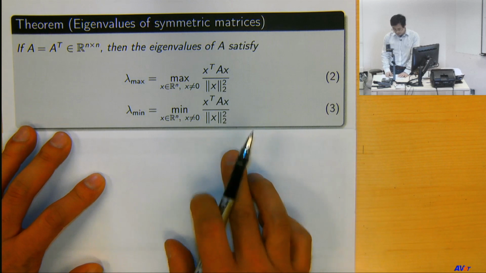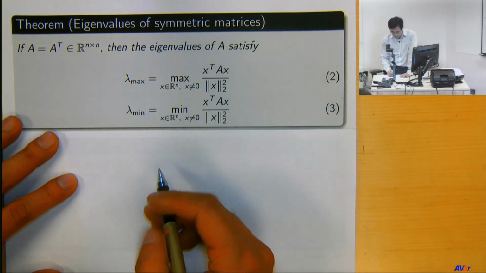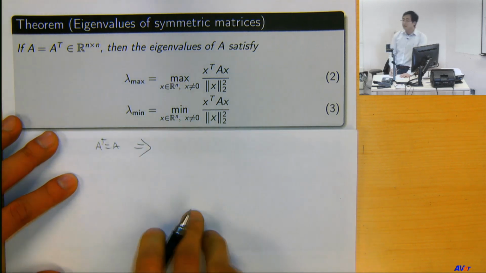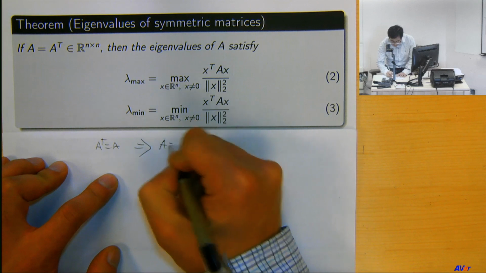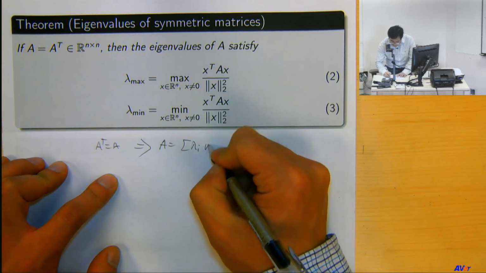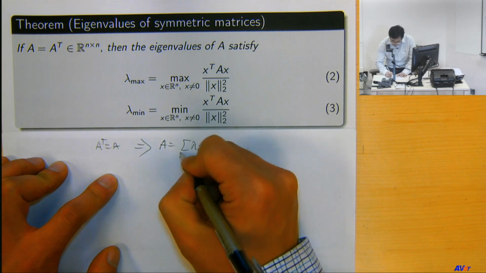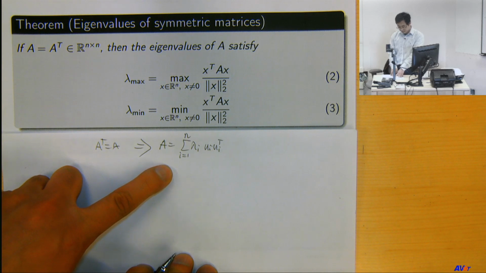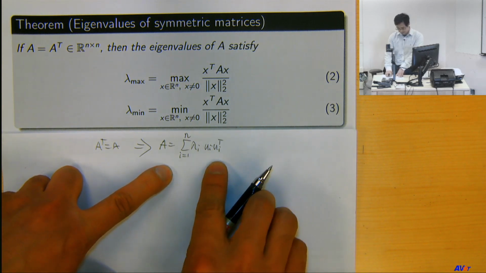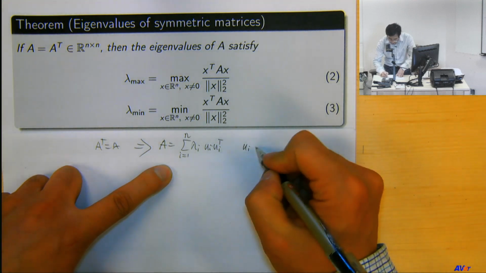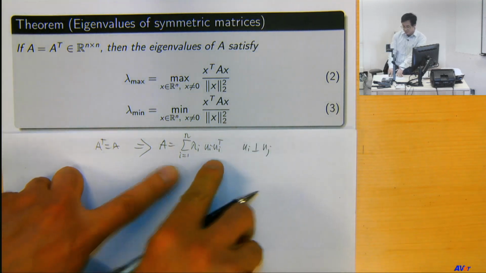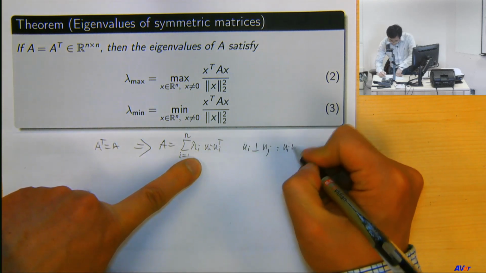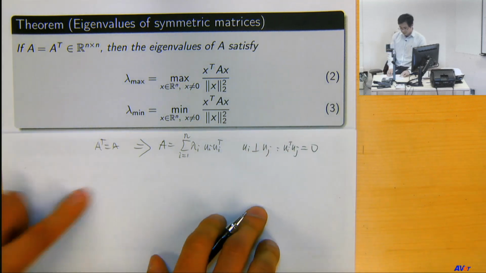There are two important aspects here. First of all, if A is symmetric, then the eigenvalue decomposition is going to be super simple. And Ui and Uj are going to be orthogonal to each other. You pick any two eigenvectors from here, and they are going to be orthogonal. That's the first result.